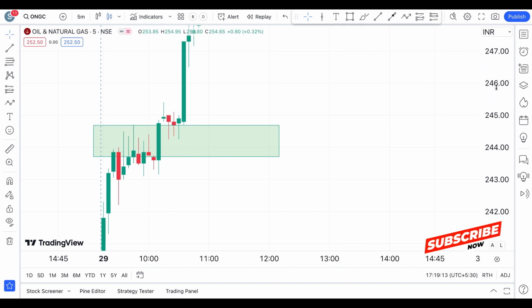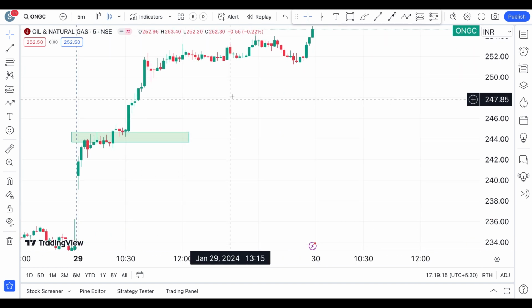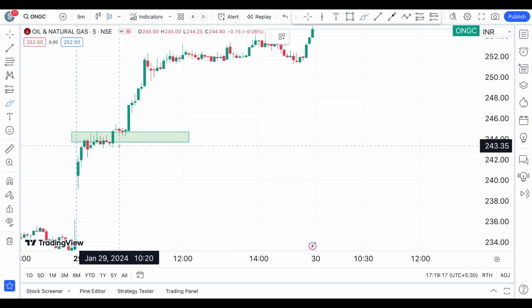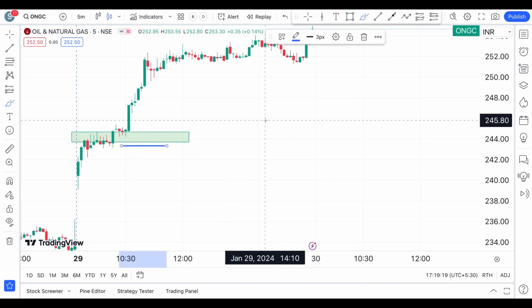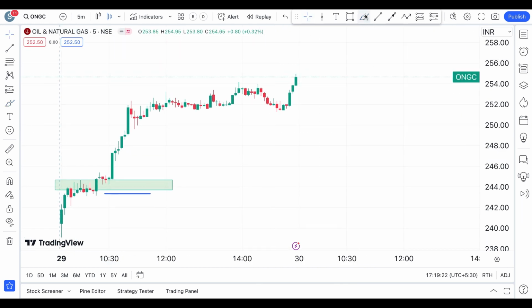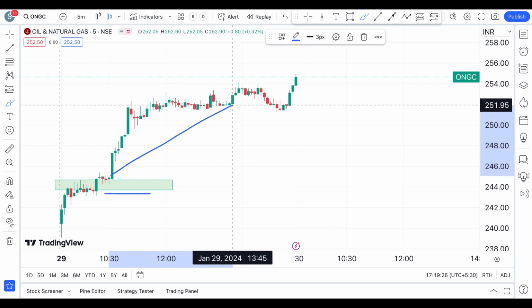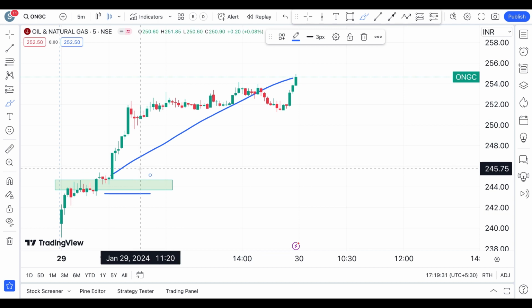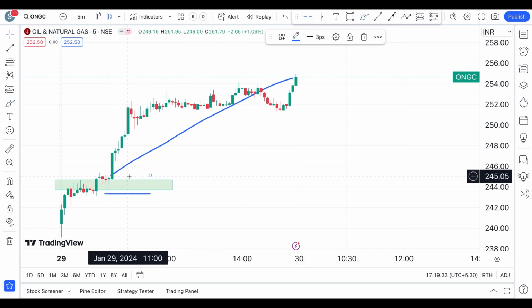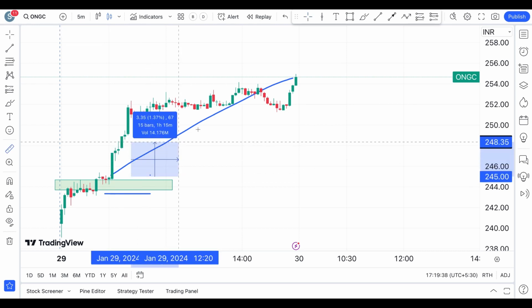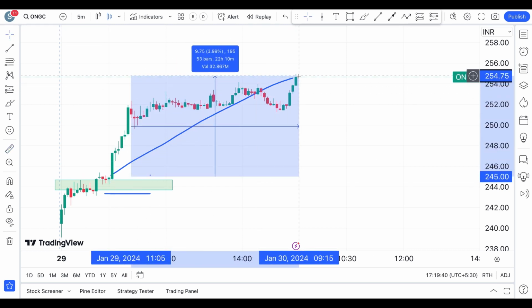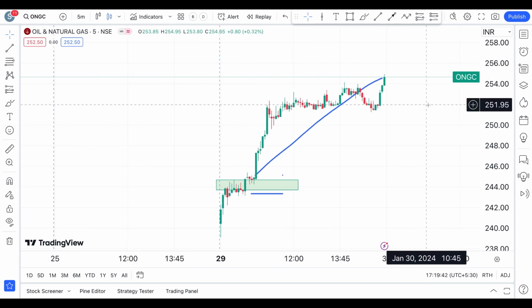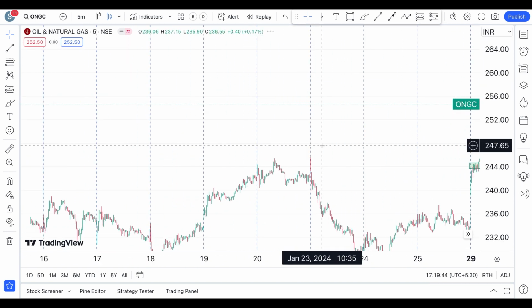Now, for those who have identified this, here could have been their stop loss, and look at the kind of momentum that it has given us here in ONGC today. It has absolutely performed brilliantly. If you want to measure that, let's measure from there to the close, it is almost 9 rupees of momentum in a 250 rupee stock, which is absolutely great.